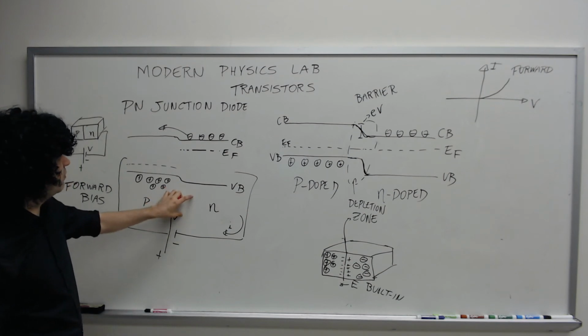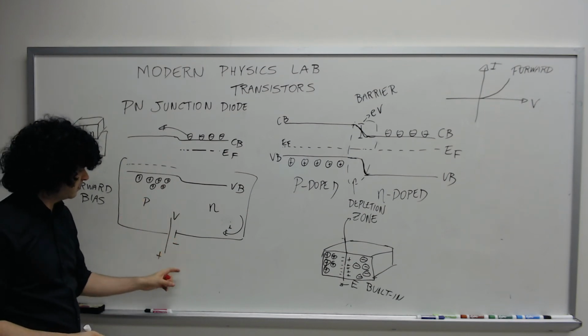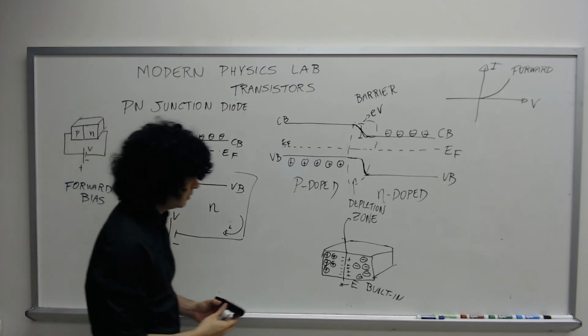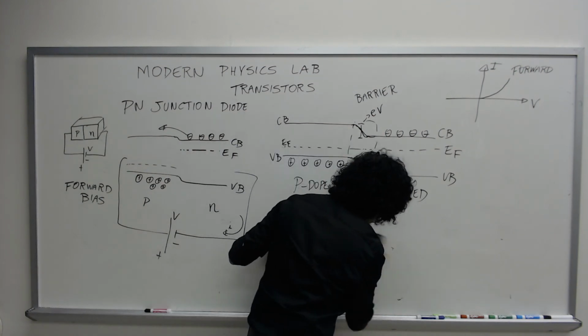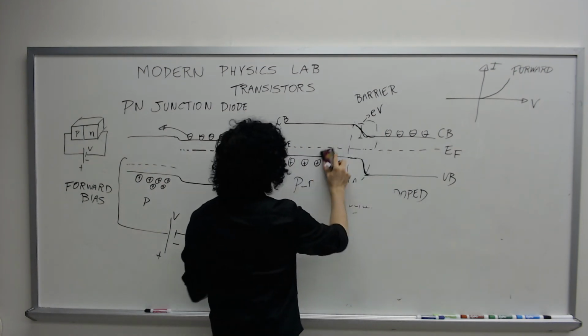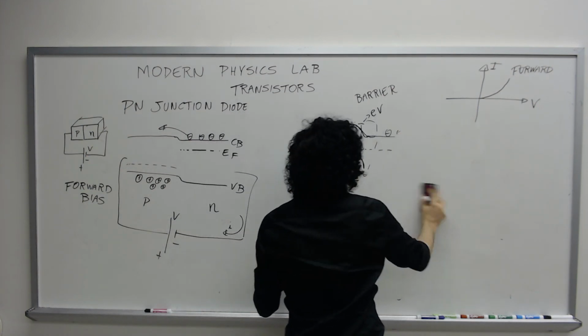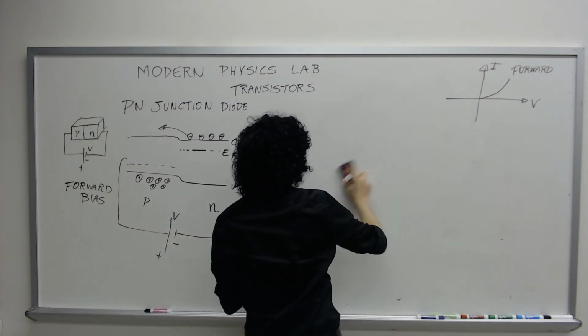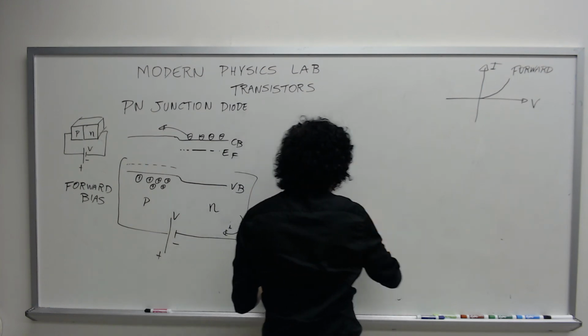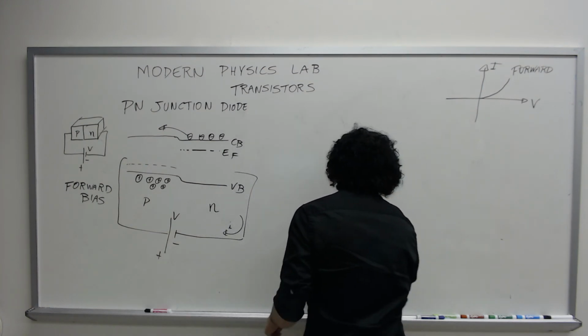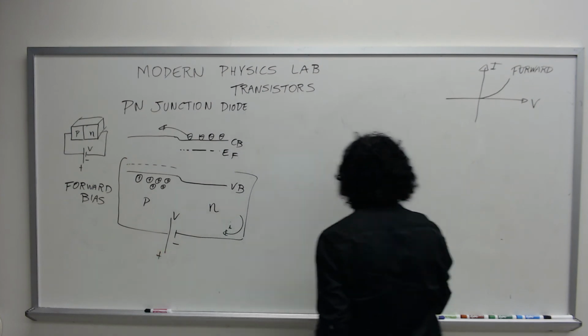Now suppose you reverse this voltage. So what happens to the band distribution, or to its energy levels?